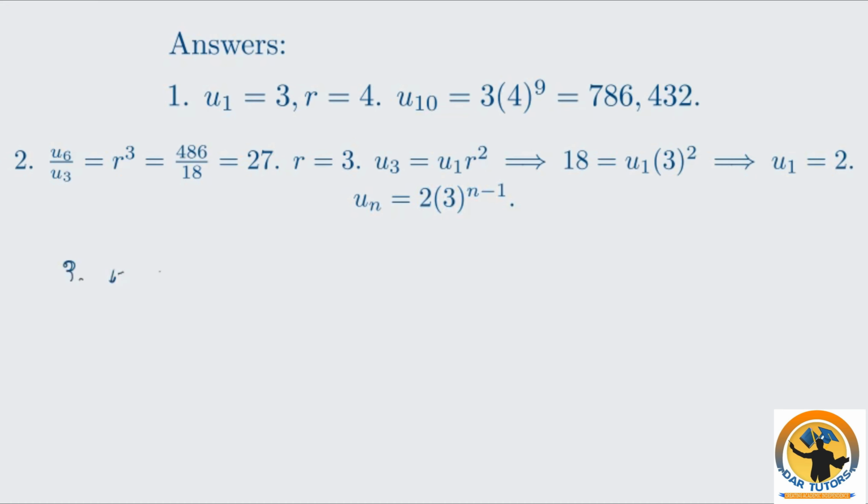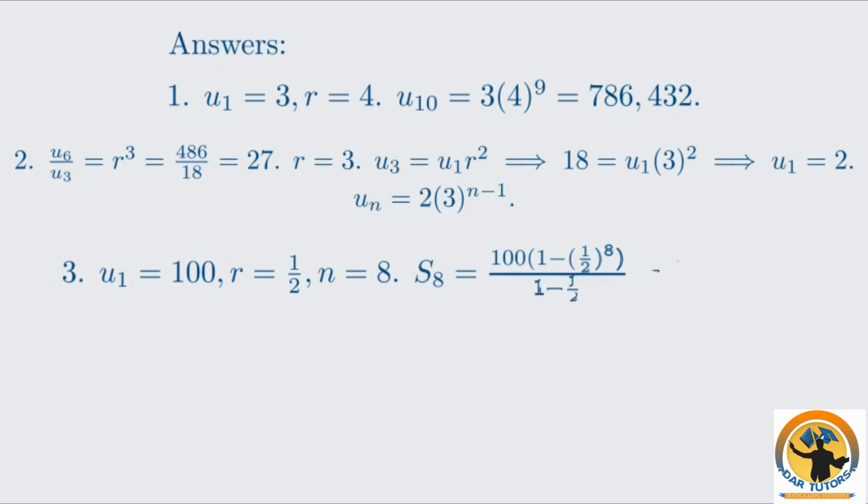For question 3, u_1 is 100, r is 1/2, and n is 8. Using the finite sum formula, we get 100 times 1 minus 1/2 to the 8th divided by 1 minus 1/2, which simplifies to 199.21875.